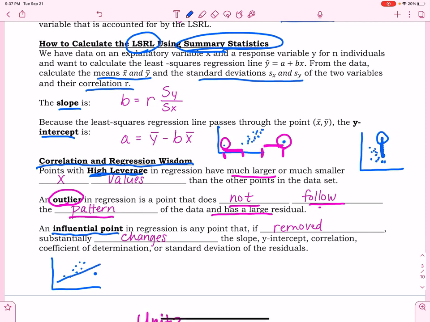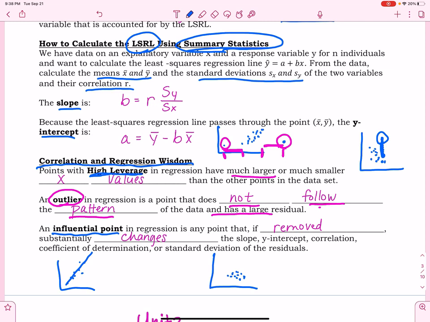So if I take this point out, it is going to change that line because now the line has a better chance of getting through more of the points. It fits the rest of the points better. So a point like that is both high leverage and an outlier, and it's influential because it will change the relationship.